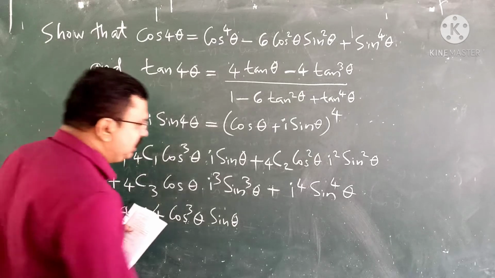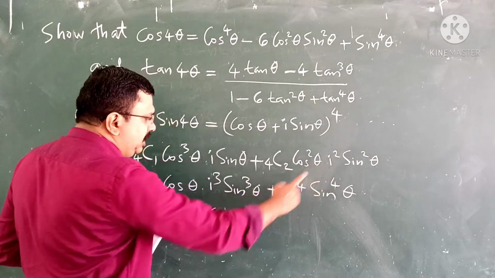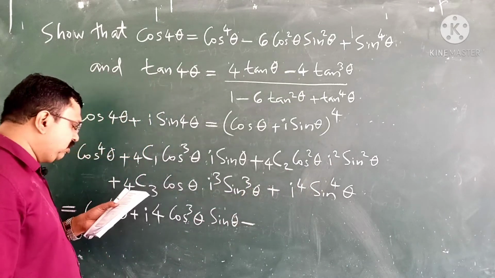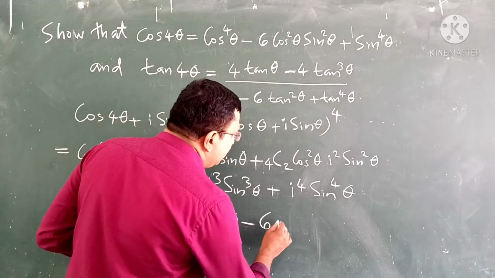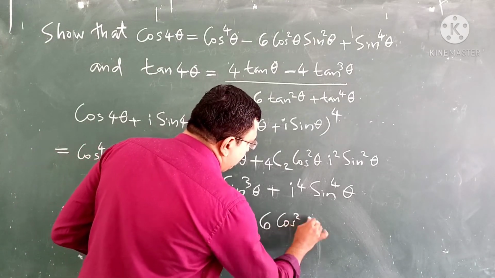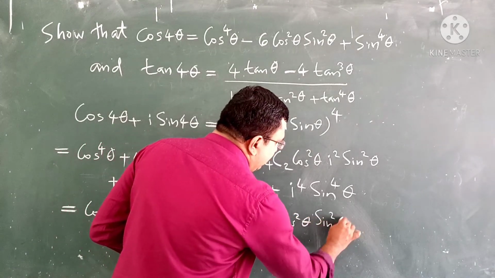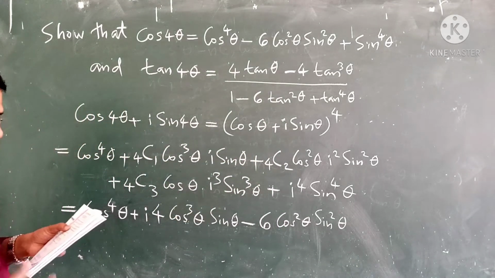Next, minus i square. i square is minus 1. Therefore, minus is here, 4C2. What is 4C2? 4C2 is 6. 6 cos square theta into sin square theta. Next, i cube.